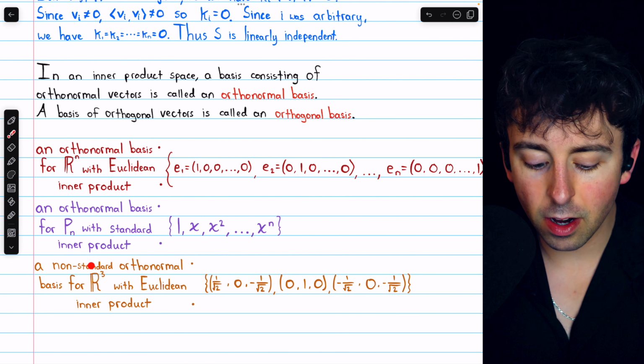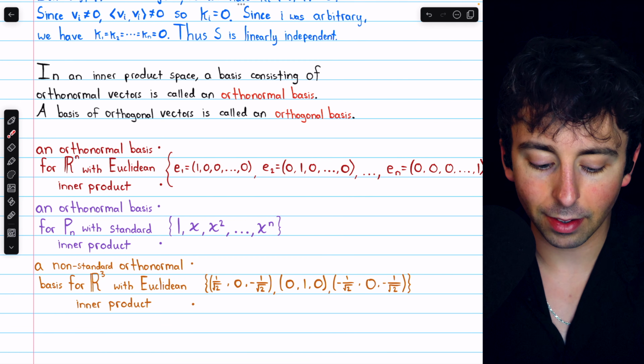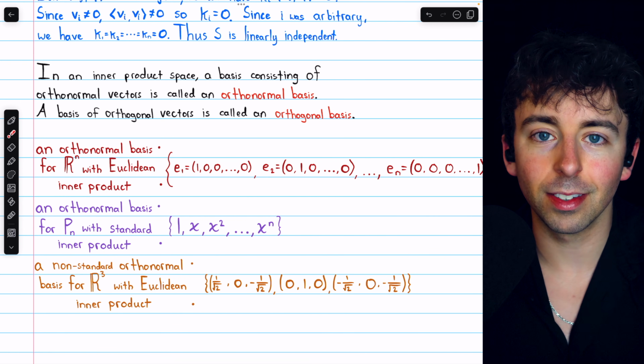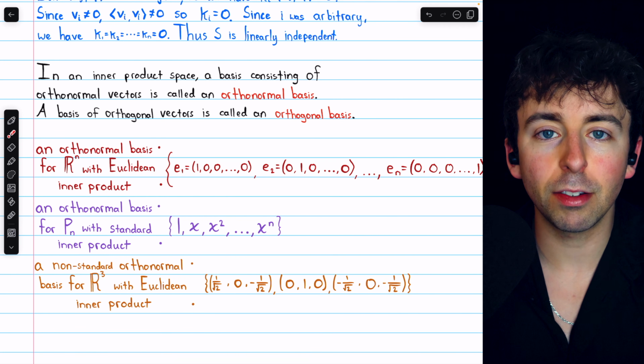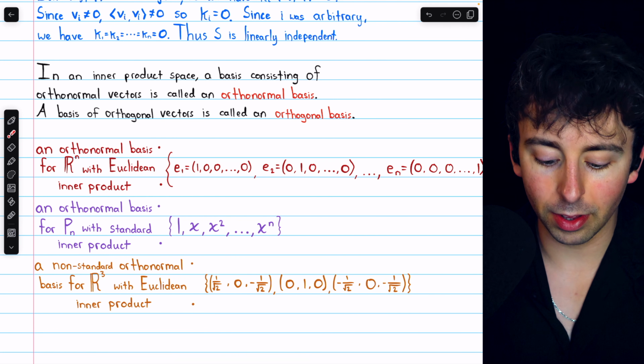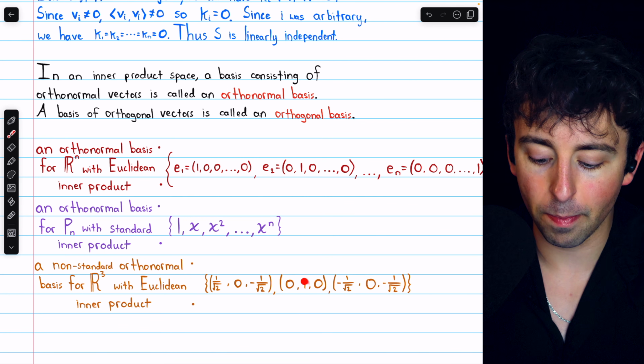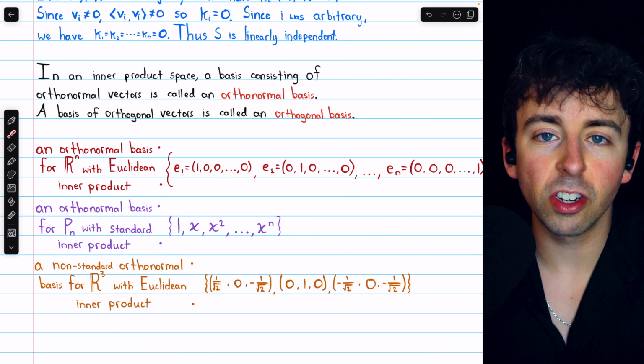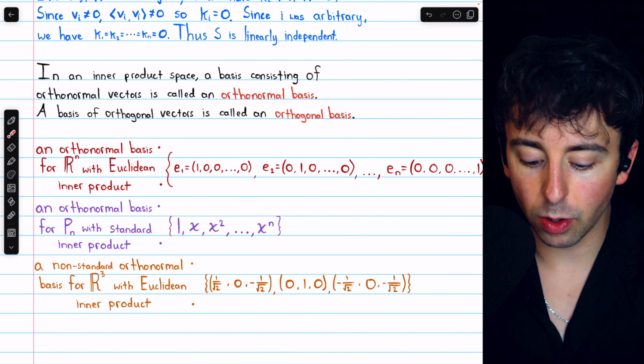Here's an example of a non-standard orthonormal basis for R cubed with the Euclidean inner product. So this is the familiar Euclidean 3-space with the dot product. However, this is a less familiar basis. It's pretty easy to see that these vectors are all orthogonal to each other, and indeed they are unit vectors.